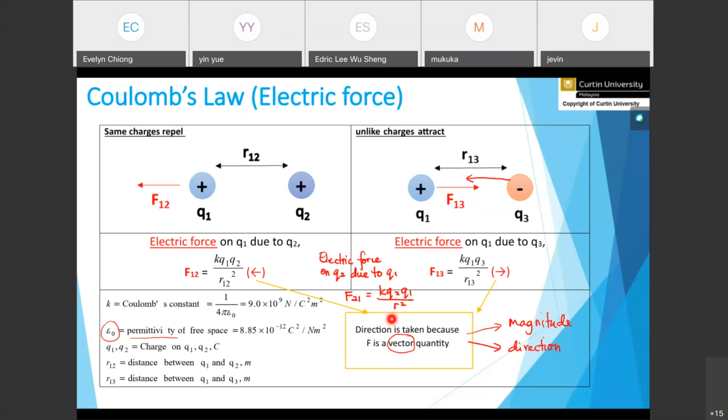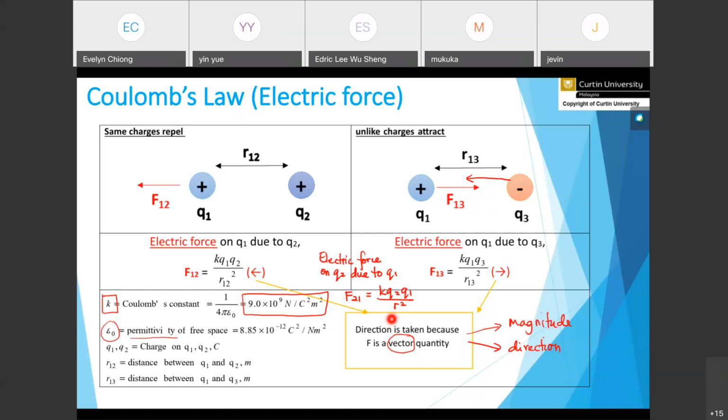But normally we do not use this. We directly use K equals 9 times 10 to the power of 9 Newton per Coulomb squared. C is the unit for charge. Coulomb square and then meter square.